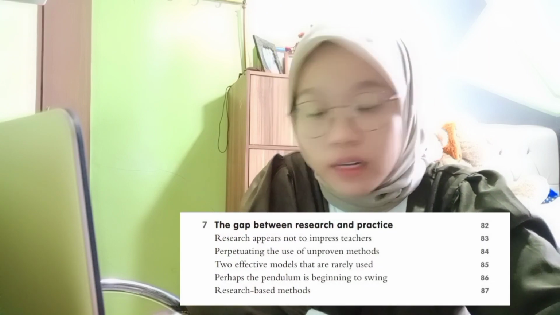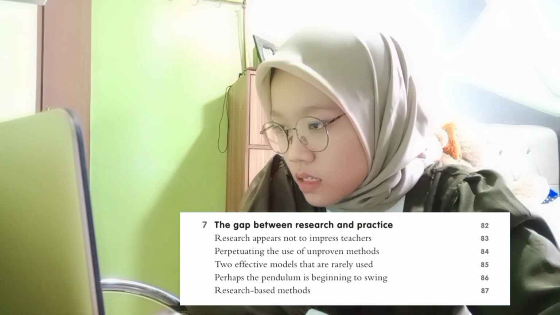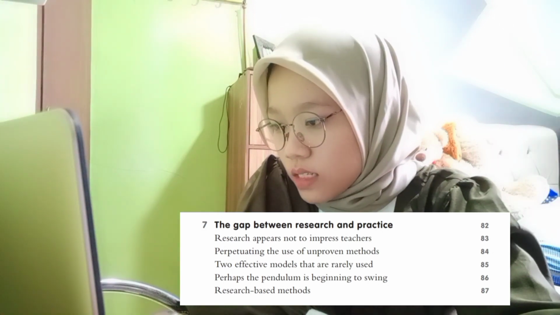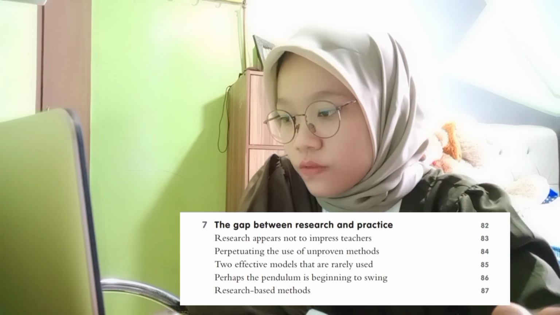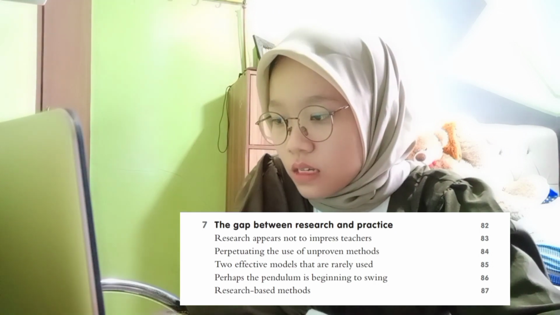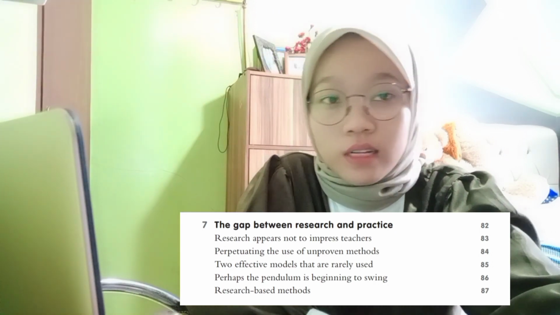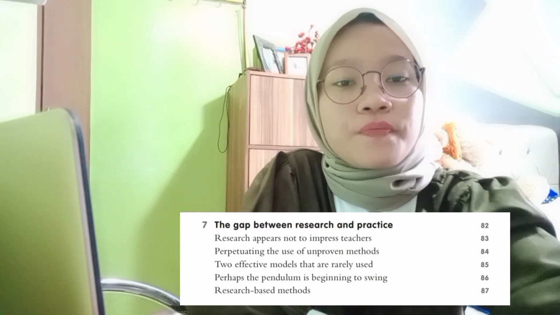In this chapter, there are five subchapters. The subchapters are: research appears not to impress teaching, perpetuating the use of unproven methods, effective models that are rarely used, and perhaps the pendulum is beginning to swing. And the last subchapter in the last chapter is research-based methods.